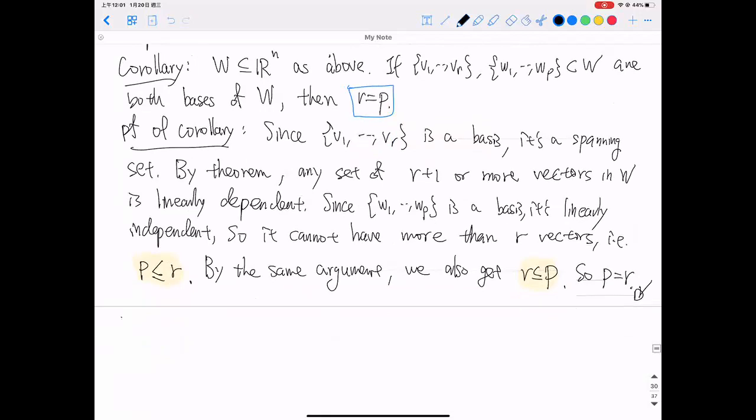Because of the corollary, we can now make the following definition. Again, you have a subspace.